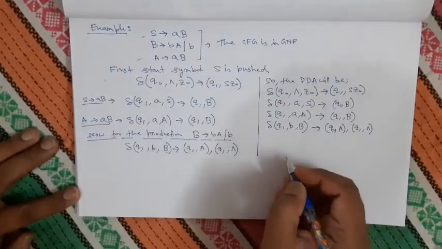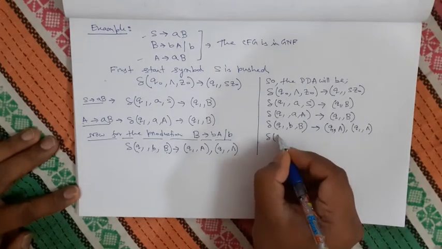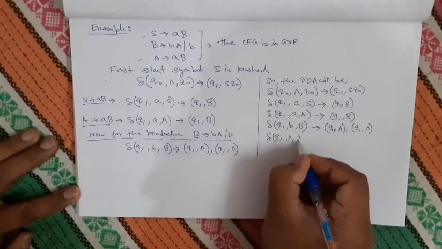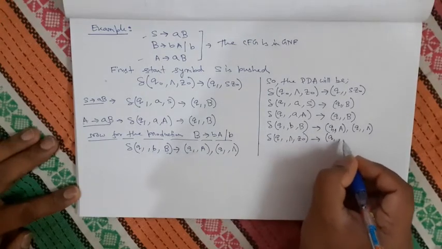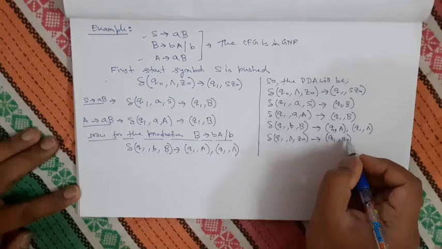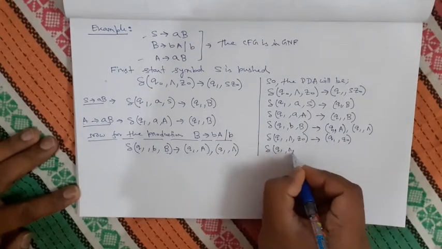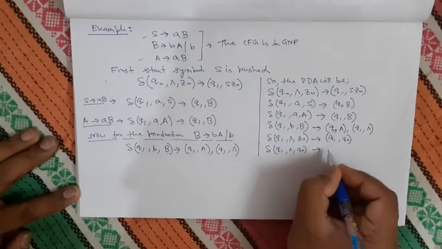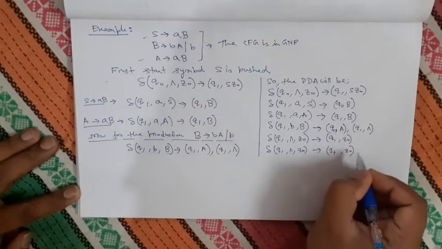So what will be this? One will be delta of q1 comma null comma z0 will tend to q1 comma z0 or maybe null. And delta of q1 comma null comma z0 will basically go to final state qf comma z0. We can write null also for that.